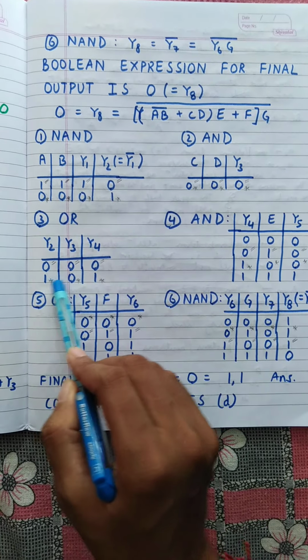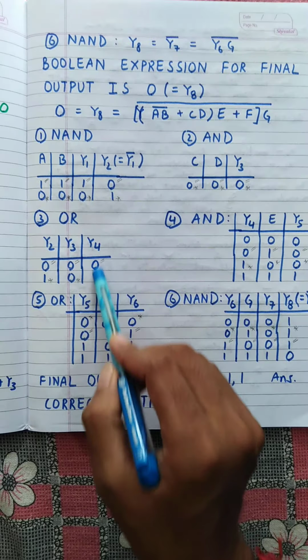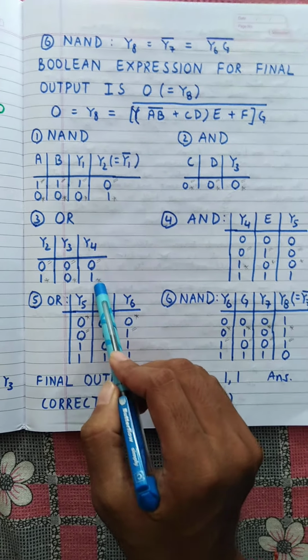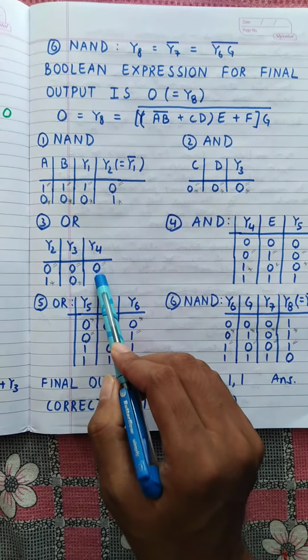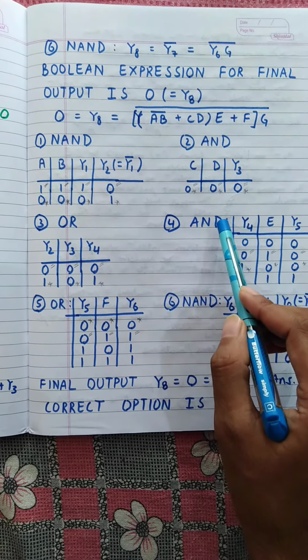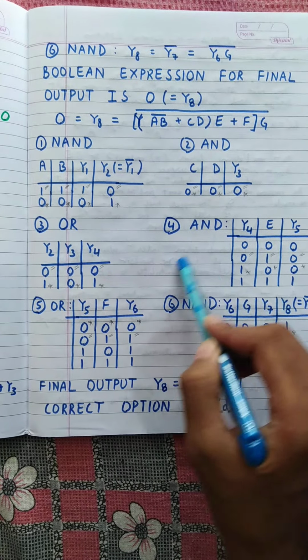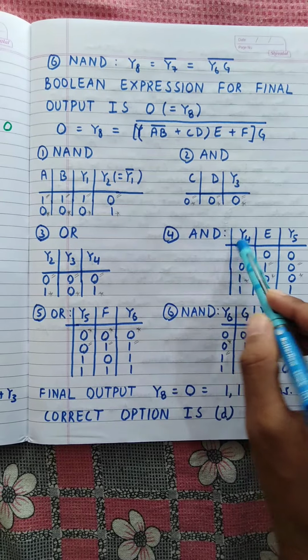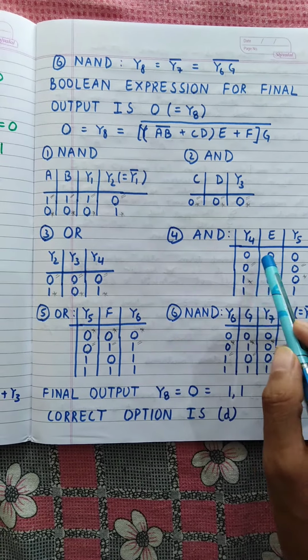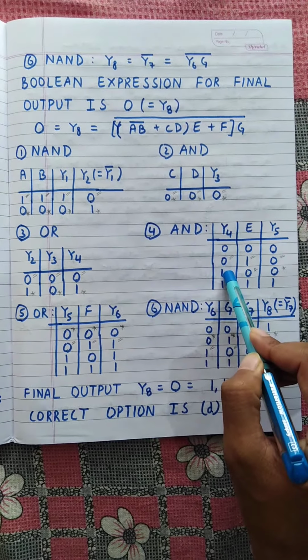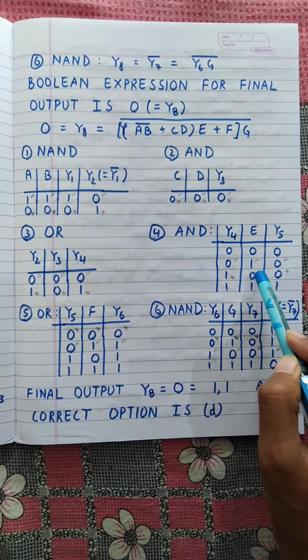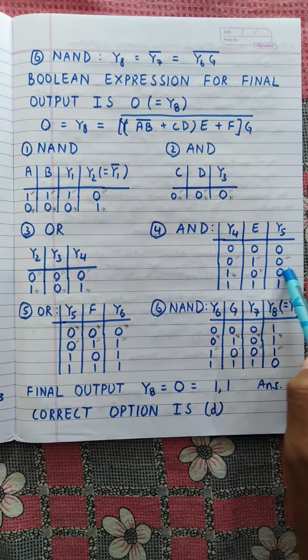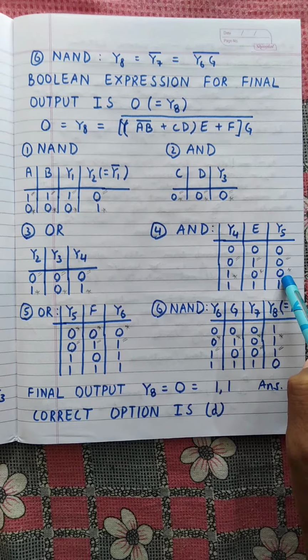So y2 1, y3 0. This will give us the output y4 as 1. This output goes into the input of the fourth gate, which is AND. So y4 will be 1 here, and E in the second case is taken as 0. So we take this combination, and y5 we obtain here as 0.